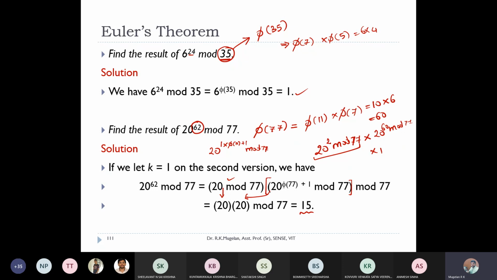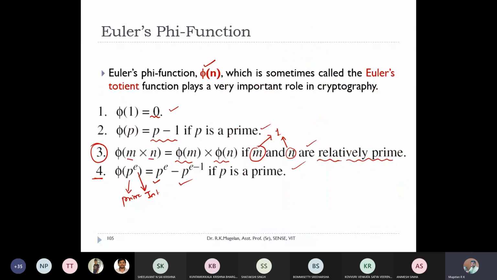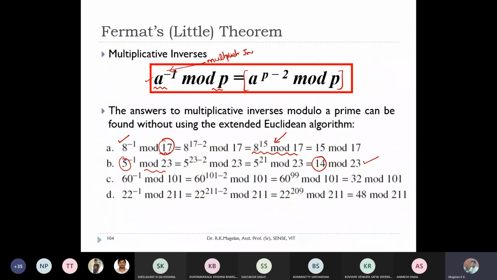These theorems you can also apply, for example, while finding the multiplicative inverse. In Fermat's theorem, like 60 power 99 mod 101, you can use your theorems, even your Fermat's theorem here. You can even go with Euler's theorem if it satisfies your phi of n concept.